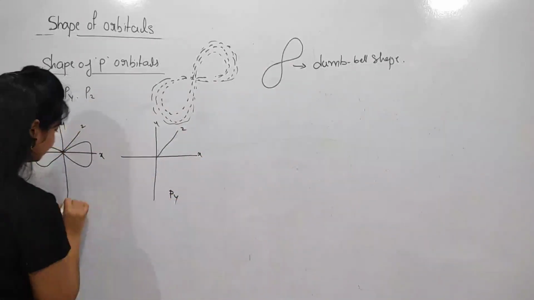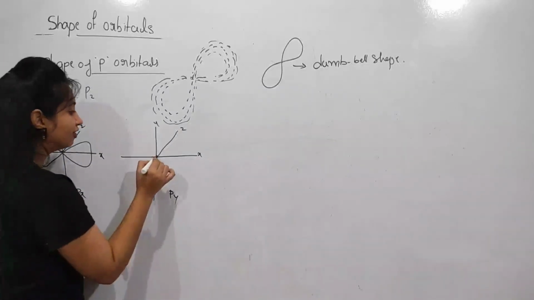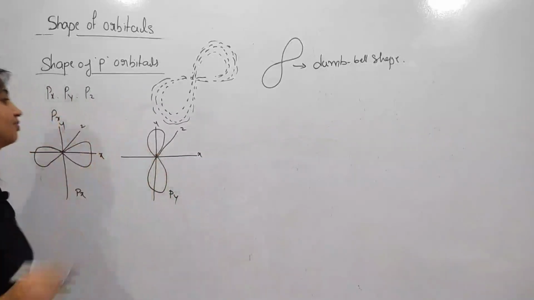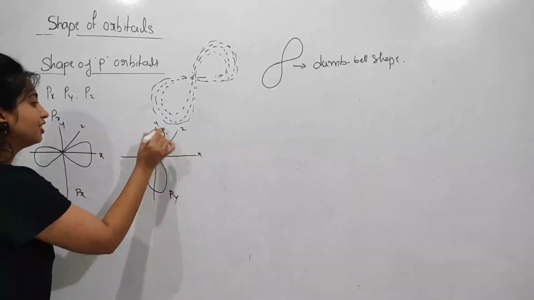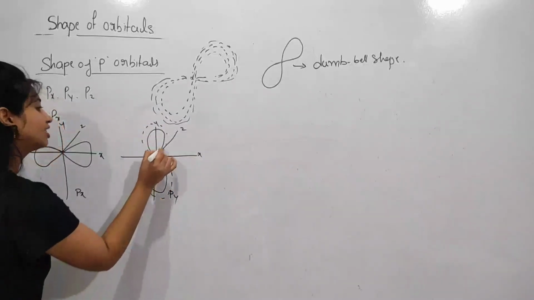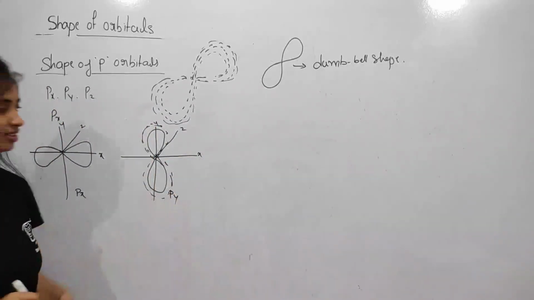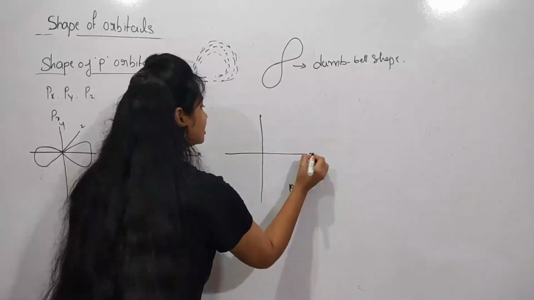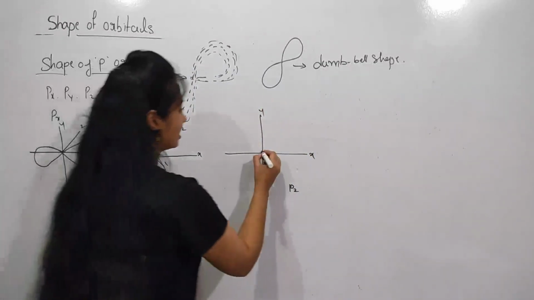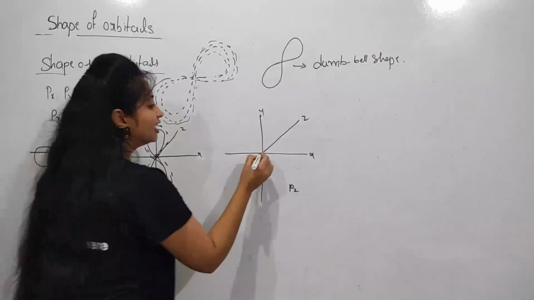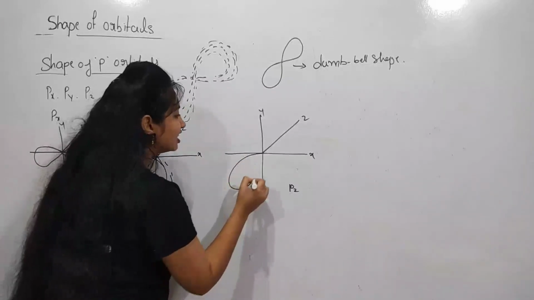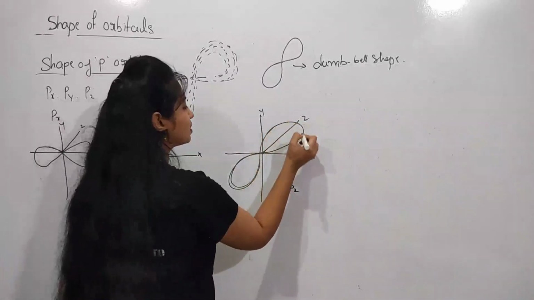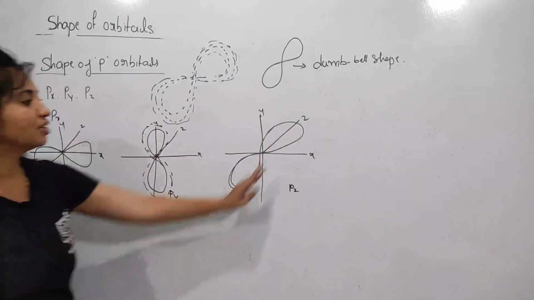In the py orbital the dumbbell shaped lobe lies along the y-axis. So in the y orientation we get the maximum probability of an electron. And like this in a pz orbital, with the x-axis, y-axis and z-axis, the dumbbell shape lies in the z orientation. Here we get the maximum probability of an electron in the z orientation.